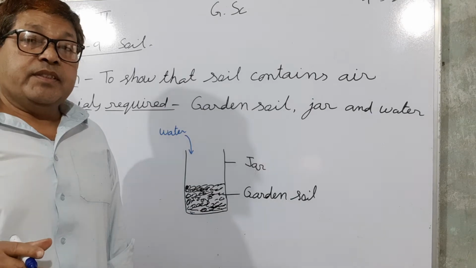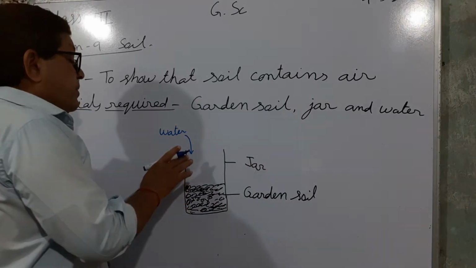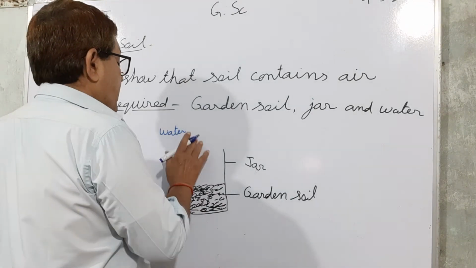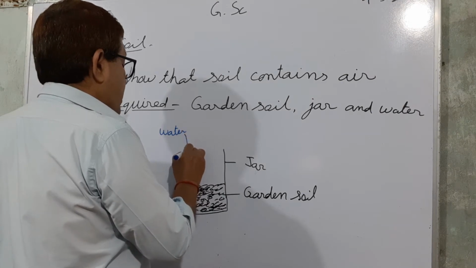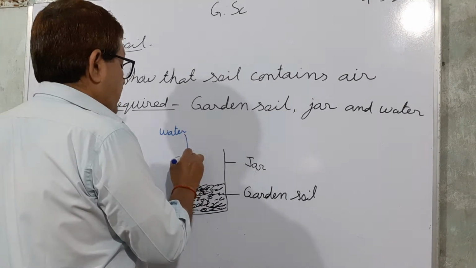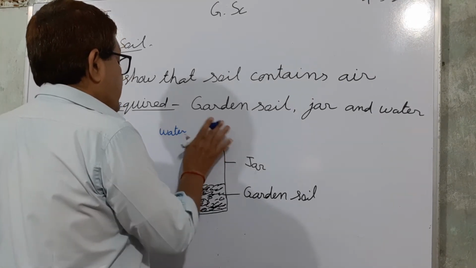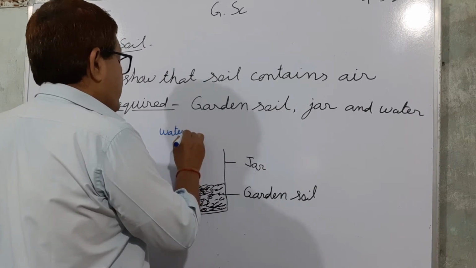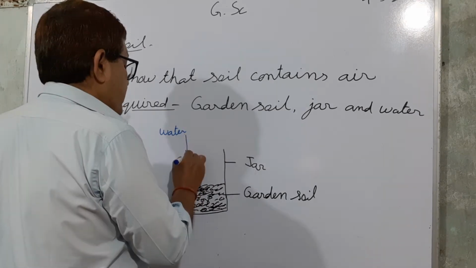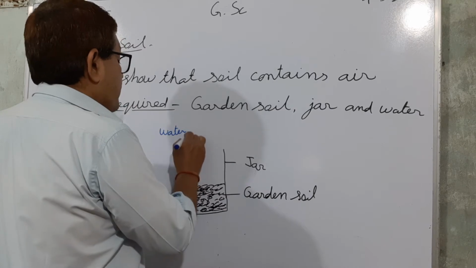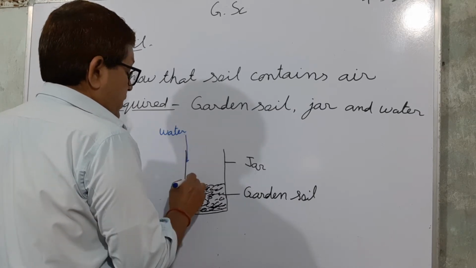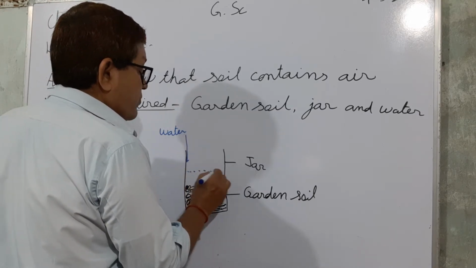If you pour the water, pour with the help of the wall of the jar. With the help of the wall at the edge of the jar, you have to pour some amount of the water. And water is filled here.